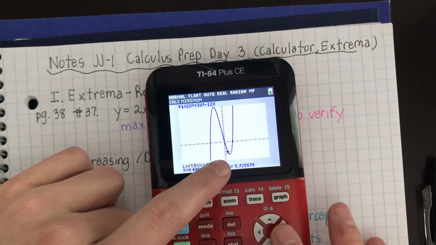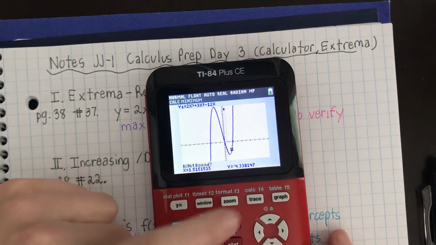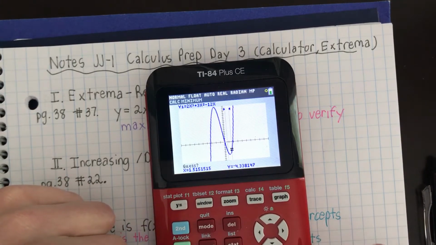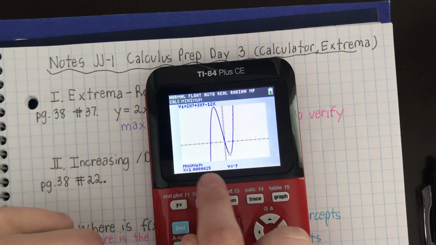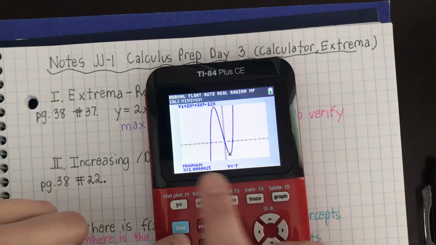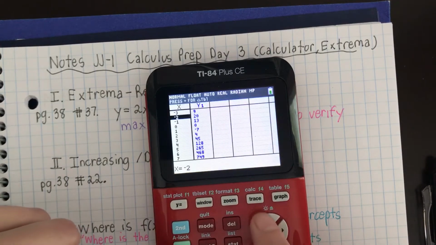So now to find the relative min, so second trace, but now number 3 for relative min, scroll that cursor to the left of the relative min, then to the right of the relative min, hit enter again. So we have about 1.000025 and negative 7, so that looks like about 1, negative 7. Let's use the table to verify.